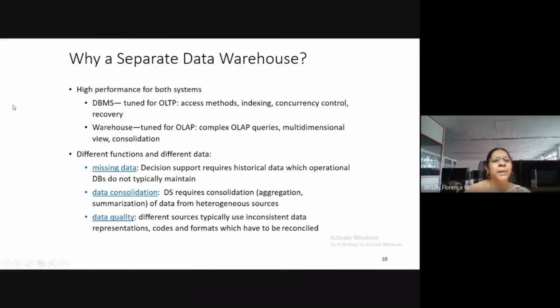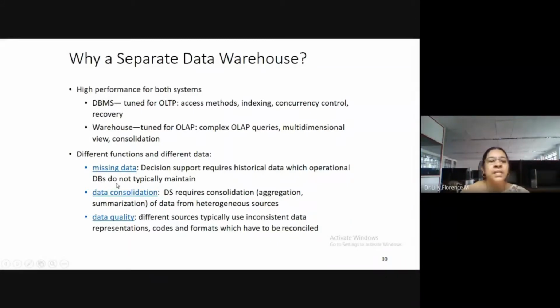When you compare again, a DBMS is tuned only for transaction processing, but a warehouse is tuned only for the analytic process. Then, regarding different functions and data, the warehouse has an algorithm or mechanism to handle missing data, but a DBMS does not have such a mechanism.